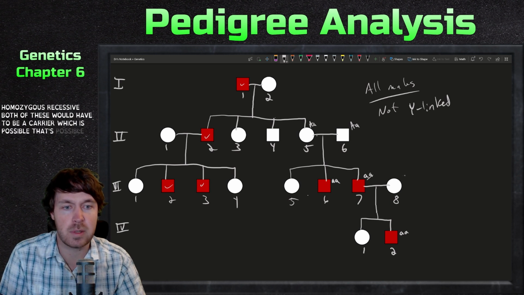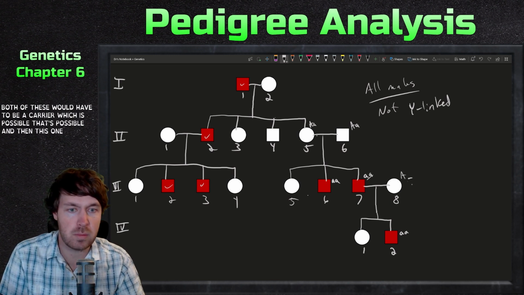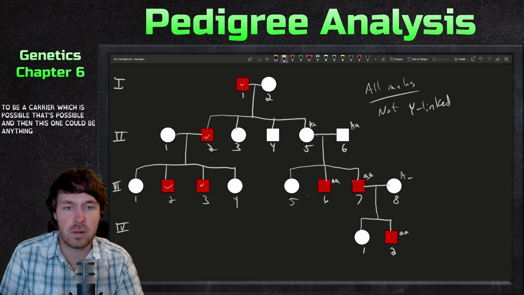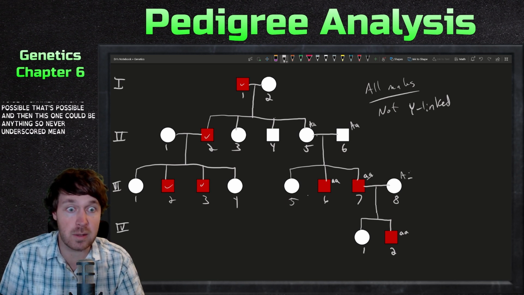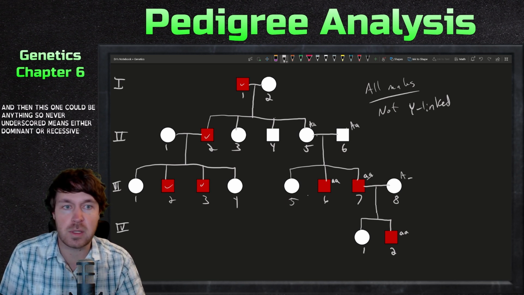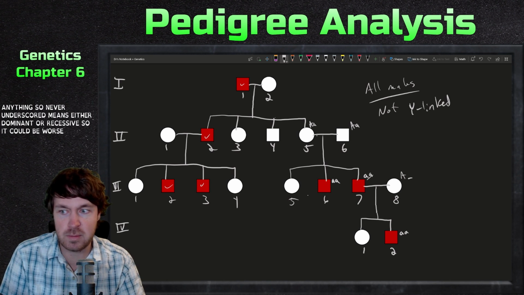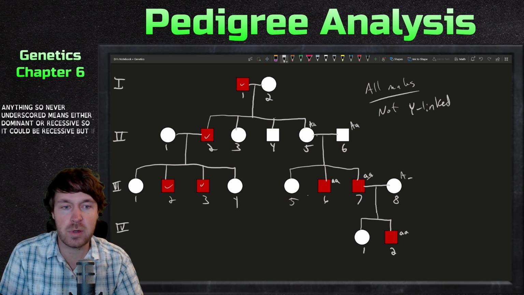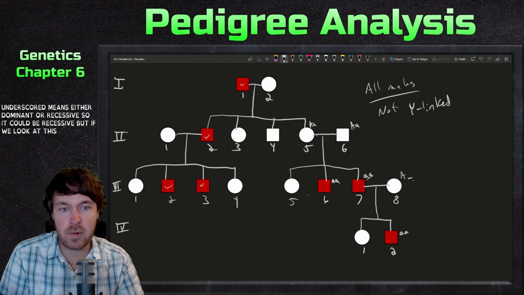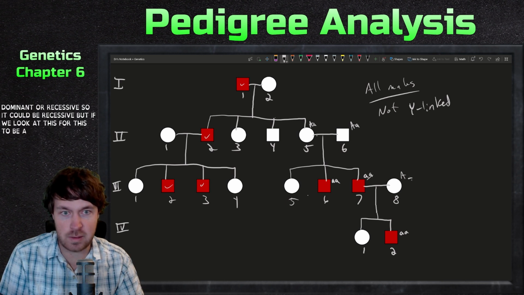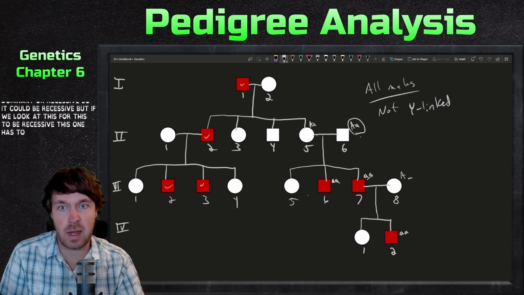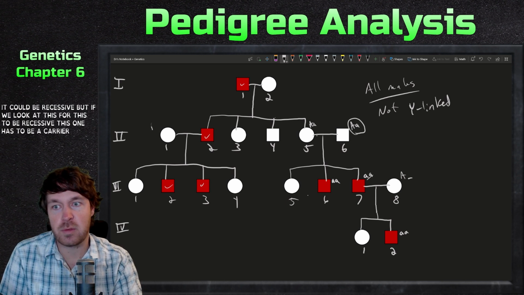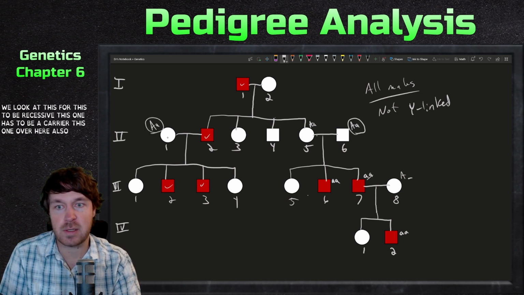And then this one could be anything. Remember, underscore means either dominant or recessive. So it could be recessive. But for this to be recessive, this one has to be a carrier. This one over here also has to be a carrier.